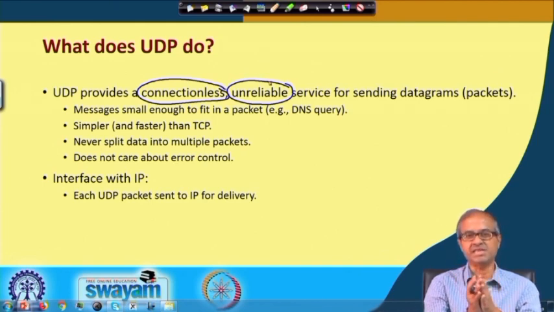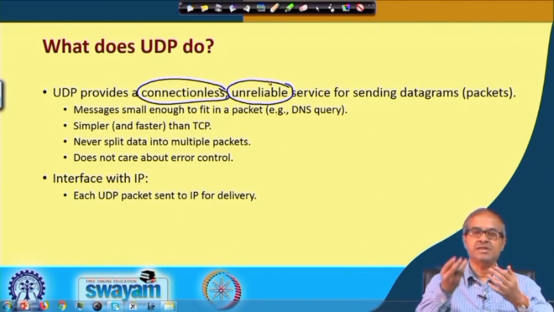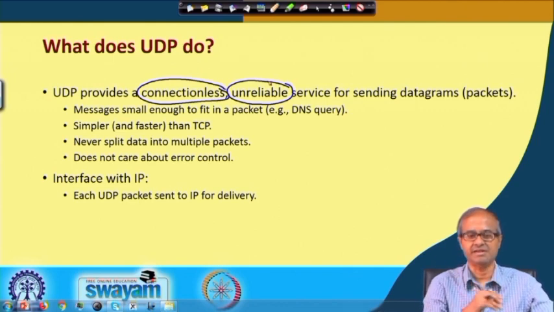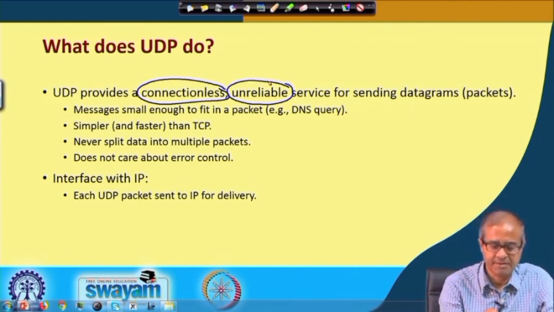So, there are some applications where reliability of communication is not important, and we can use UDP, because UDP is much simpler to use. The packet format is simpler and it is also faster. We shall see later how the packet formats look.